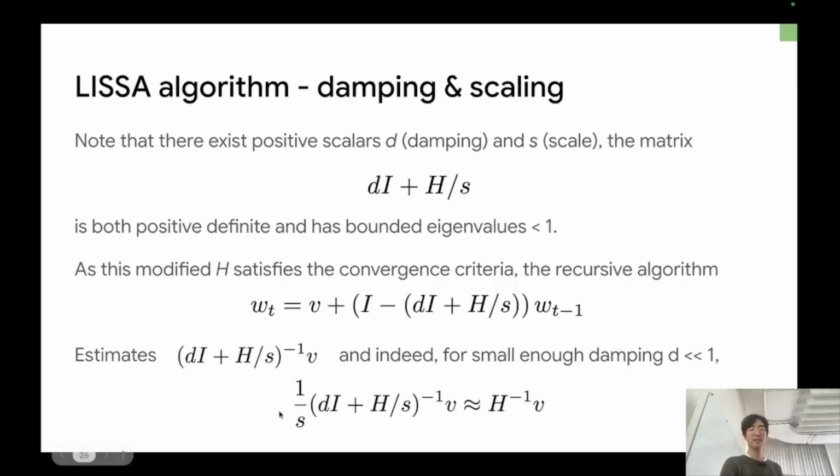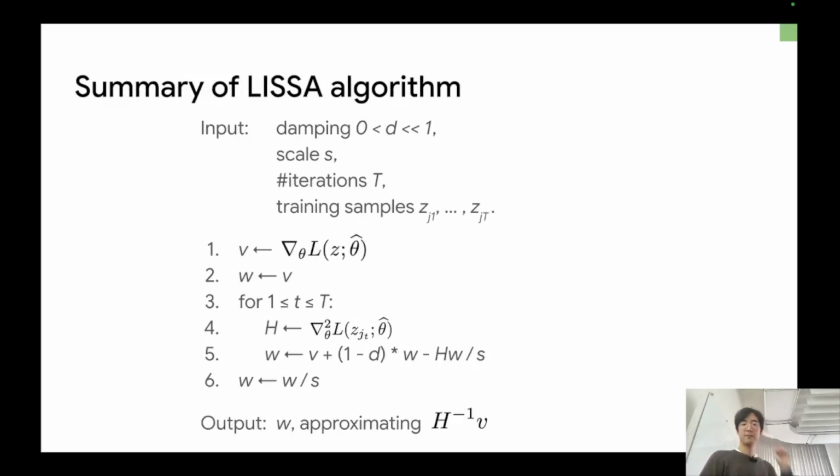And so we need to multiply by 1 over s in front after computing this quantity to get back to H inverse times v, which is not a problem because s is just a scalar, and multiplying this everywhere is not a problem in general. So finally, the algorithm looks like this. You first initialize v as the parameter gradient, and then you initialize w as the parameter gradient again.